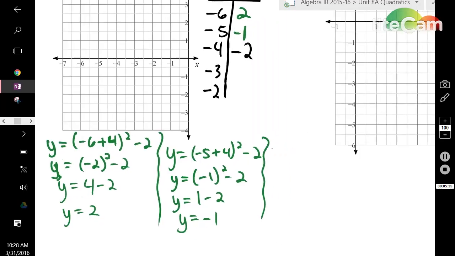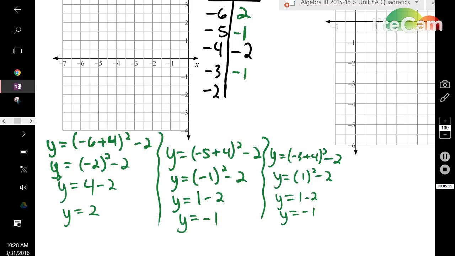This next point, negative 3: y equals negative 3 plus 4, quantity squared, minus 2. Negative 3 plus 4 is 1. 1 squared is 1. And 1 minus 2 is negative 1.